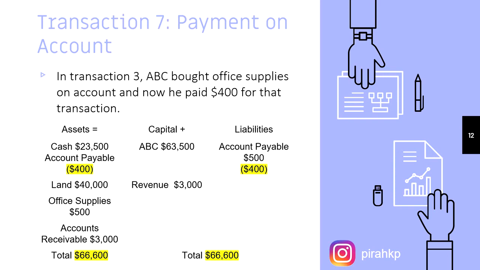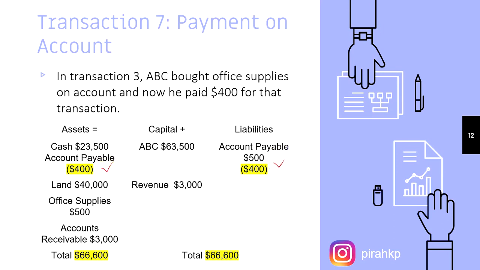Now, I almost forgot to tell you. Whenever there is something written in brackets in accounting, it means that you are subtracting it. Alright guys, so accounts payable became 66,600. And then you went for liabilities. We paid our liabilities, right?